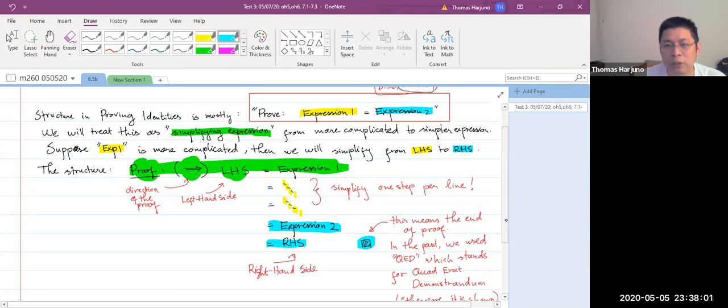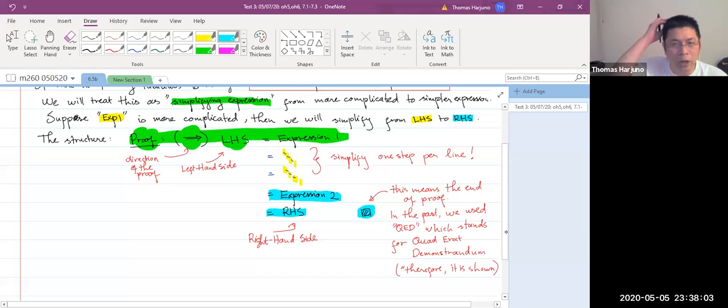This box, this square that we fill up, means the end of the proof. In the past we used QED for the end of the proof. QED stands for Quod erat demonstrandum, which means therefore it is shown. Basically, that's a statement saying that I'm done with the proof.